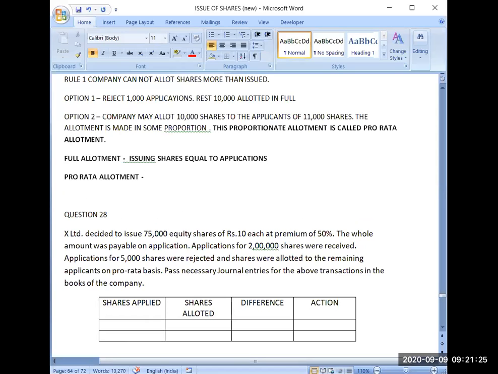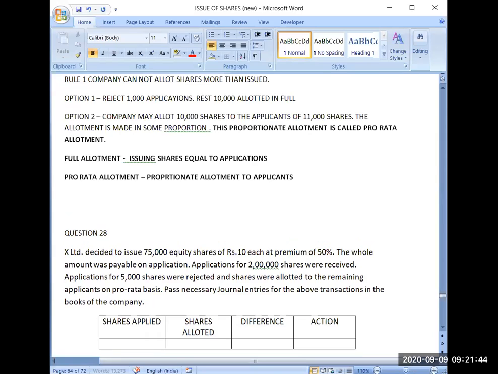In pro rata allotment, you are issuing shares proportionately to applicants. Means they will be getting some fewer shares. Then the third one is nil allotment. In nil allotment, no share is allotted, or you can say the applications are rejected.